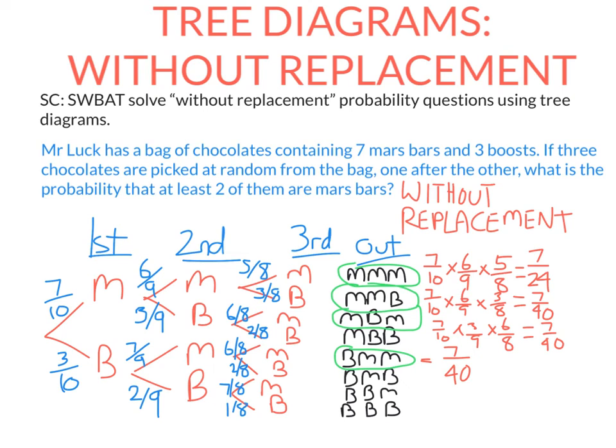Adding all of those up gives us a total answer of 49 over 60, which is about 0.816 recurring. That's our answer. When we looked at this question with replacement, the answer was 0.784. So it's a little more likely that we'll get at least 2 Mars bars if it's without replacement. That's just because these 3 are a little more likely if it's without replacement.